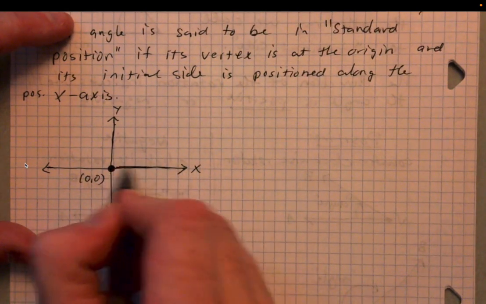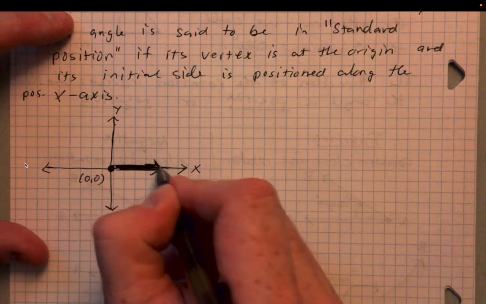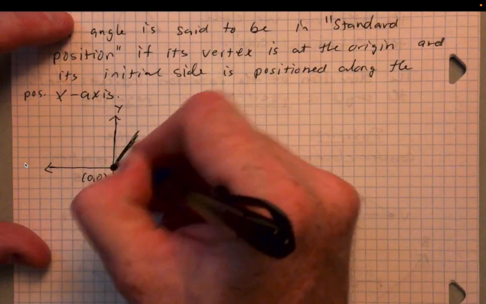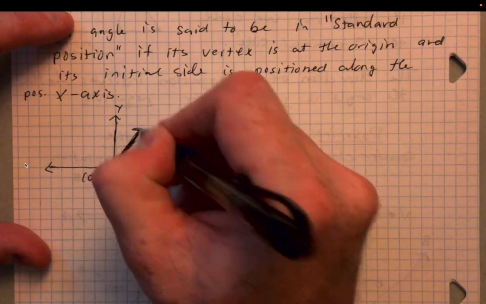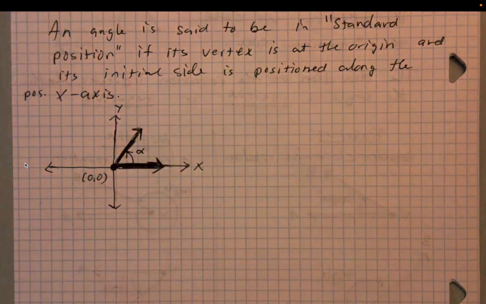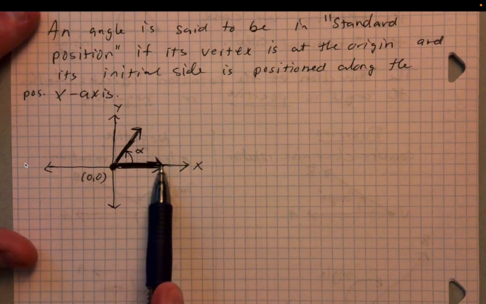Maybe I have some ray, I'm going to darken it here, coming out of the origin along the positive x-axis, and some other ray up here somewhere. Then there's this angle alpha between those two. Then this angle would be in standard position. The vertex is at the origin, and the initial side, which you see here, is along the positive x-axis.